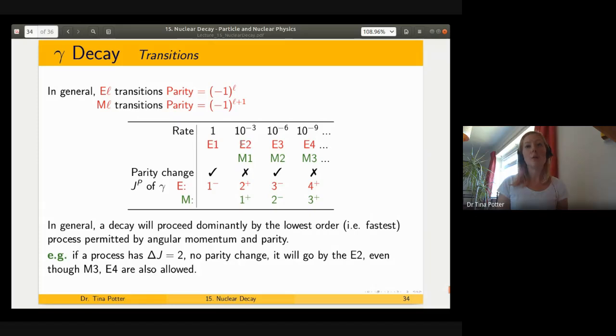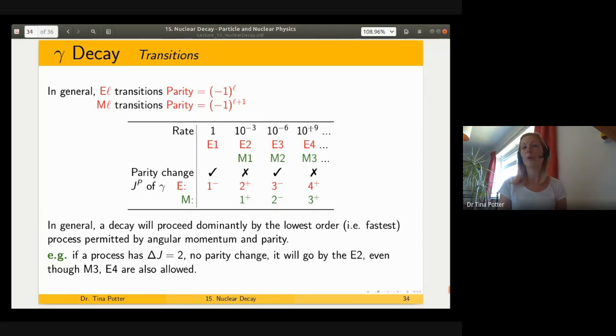The electric quadrupole transitions, we saw again, we're going to put them in this column here because the decay rate is 1,000 times smaller. It doesn't offer any parity change because we are changing parity twice, flipping it twice, for the radius, the r. And the spin parity of our photon is 2 plus.